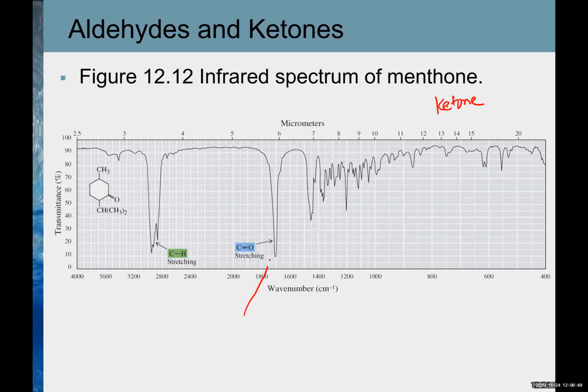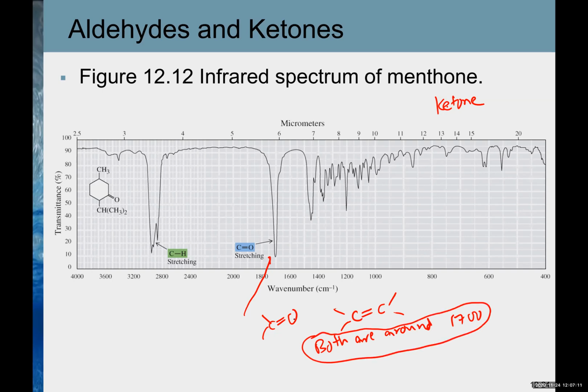So that's a ketone peak. Now the C=O and C=C both stretch. Both are around 1700. How can we distinguish them?